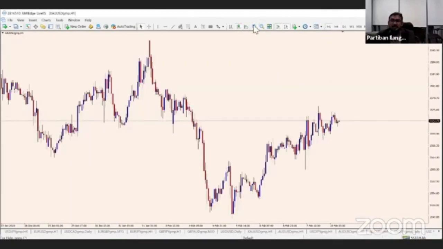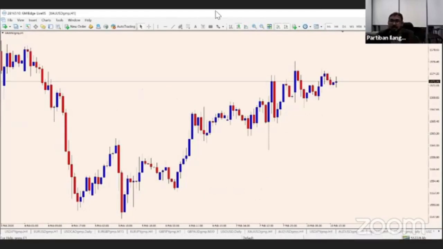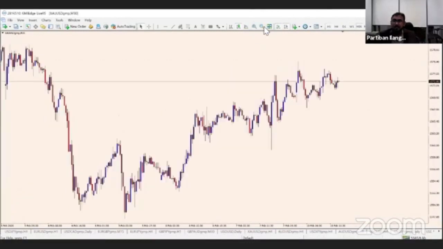On H1, I'm only speaking about the latest PRA, PRD over here. The market tried to penetrate, failed, tried to penetrate, failed, penetrated, retest, advance. So H1 is actually uptrend. And on 30 minutes, the latest PRA, PRD is still the same.